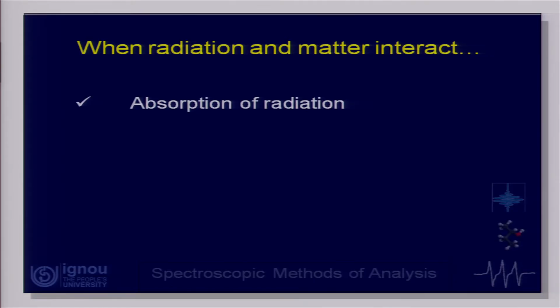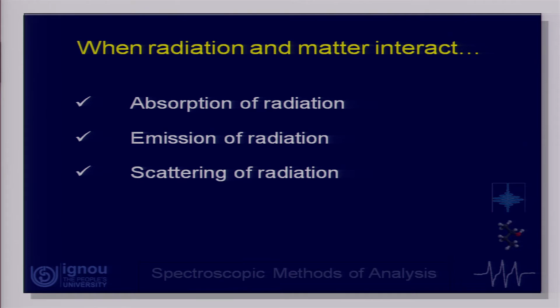One is that the radiation is absorbed, called absorption of radiation. Or it may so happen that the matter is already in an excited state, having high energy, and it can emit radiation; that is the second possibility. The third possibility is the scattering of radiation. Let us learn about each one of them one by one.